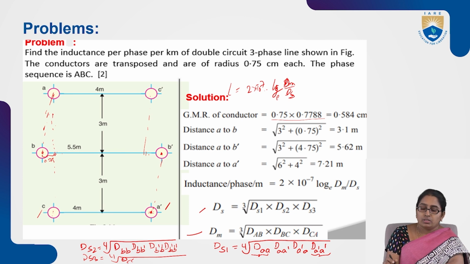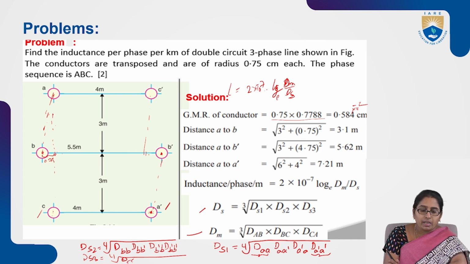But all distances in the diagram are given in meters. So we'll take this also in meters: 0.584 into, after doing this, multiply with 10 power minus 2. Then we will substitute in terms of only meters.